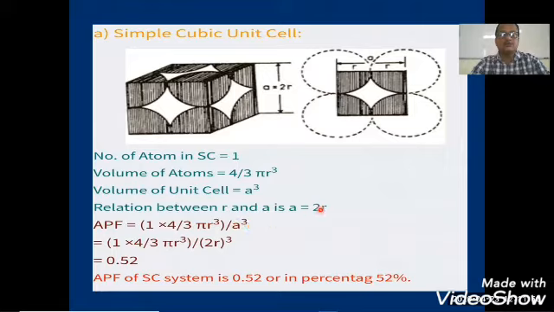Now substituting 2r for a, we get 4/3 πr³, the volume of an atom, by (2r)³, and it will turn out to be 0.52, and in terms of percentage it is 52%. Now what does it mean? It means that in simple cubic unit cell only 52% volume is occupied, and the remaining 48% is void.